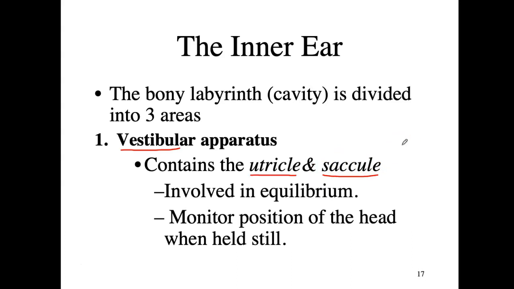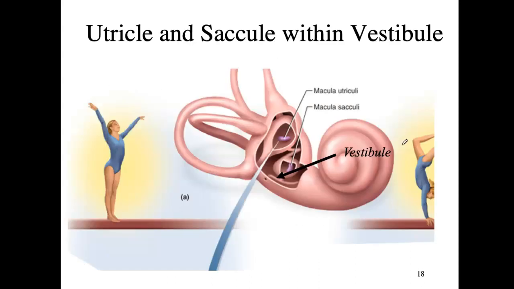For now, let's leave it there. I'm telling you only that it's involved in equilibrium, and it also monitors the position of the head, so you know you're not walking crooked. You know that you're not walking tilted, right? Your head is upright, and that's because of your vestibular apparatus. This is a picture of that.